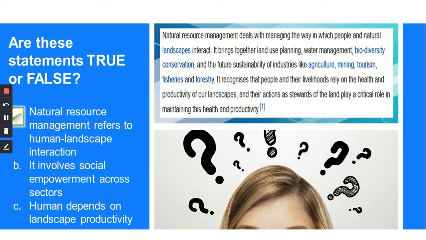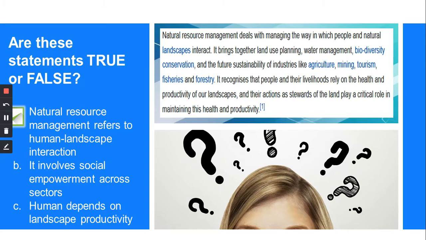Di line 1 sampai 3 belum ada kata kunci yang berkaitan dengan social empowerment. Kemudian we have a look at line 4, line 5, and line 6. Well, social empowerment belum ditemukan di dalam teks.